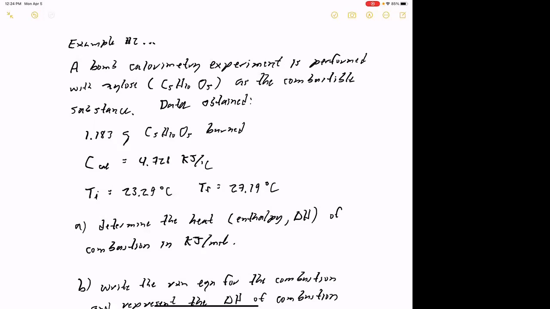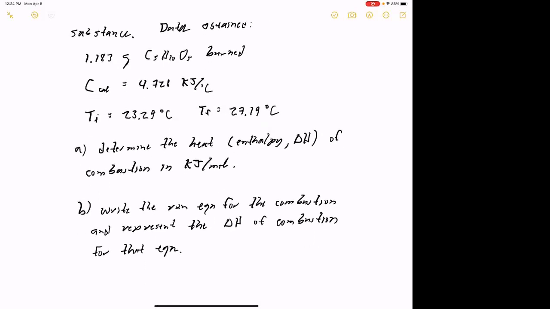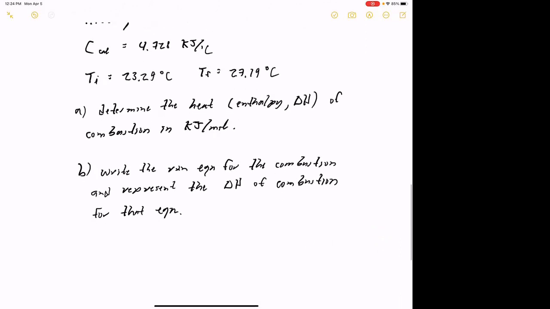So the main thing we normally want to do here in part A is to determine the actual heat or enthalpy of combustion of the xylose in kilojoules per mole, okay? And then we'll come back to B. So let's tackle A first, all right?